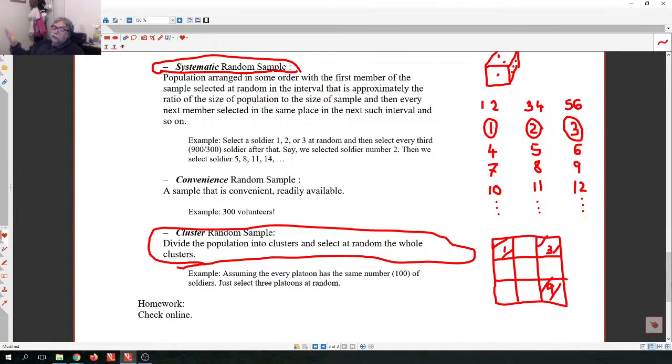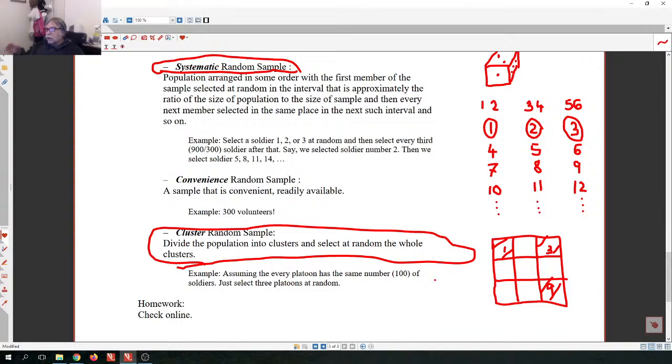I'm not really an expert on military or anything like that, but that could be the way to do it. So again, the difference between a stratified random sample and a cluster random sample is that in a stratified random sample you are dividing the population into strata, but then you're taking proportionally from each of those layers.